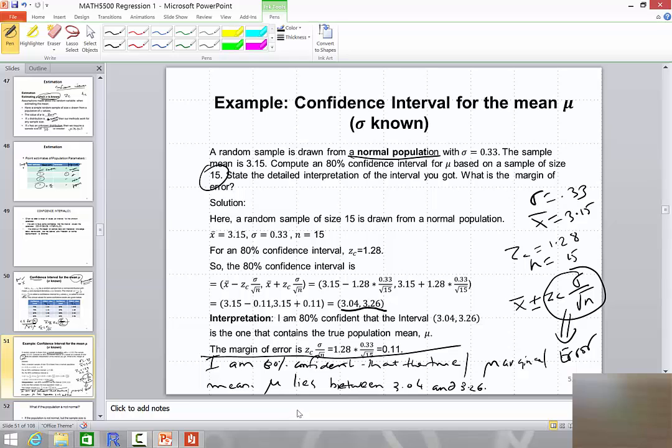That is maybe an easier interpretation. Same thing. I am 80% confident that the true mean, some people call it population mean, some people call it true mean, mu lies between this number and this number. This is the way you do the interpretation.